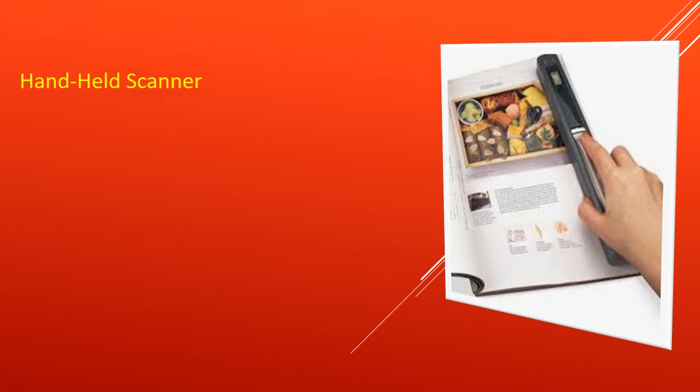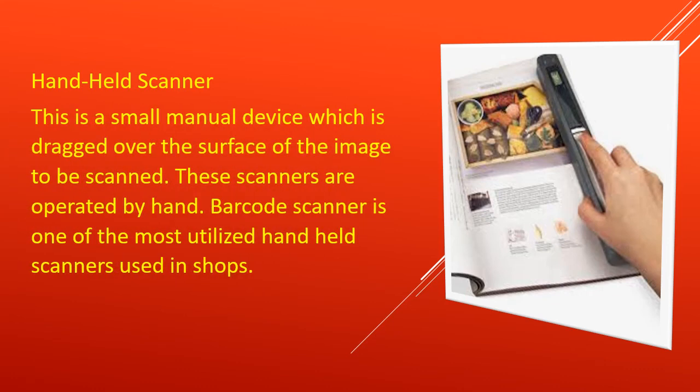The picture on the screen shows a handheld scanner. How does a handheld scanner work? A handheld scanner is a small manual device which is dragged over the surface of the image to be scanned. So, to scan an image, we drag the scanner over the image.